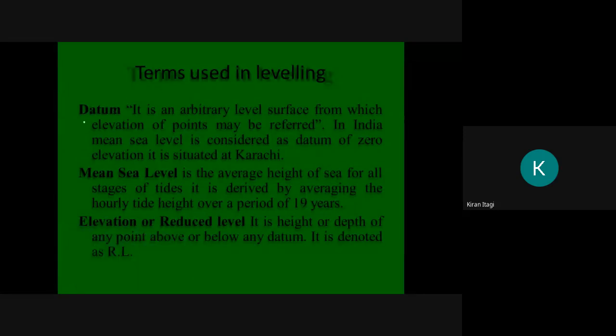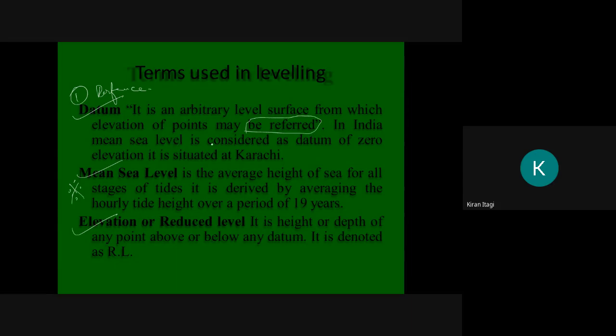Terms used in leveling: datum, mean sea level, and elevation or reduced level. Before understanding anything, this one is most important: MSL, mean sea level. Just don't forget this one. We will go one by one. Datum is an arbitrary level surface from which elevations of points may be referred. Initially I said that this is a reference line.